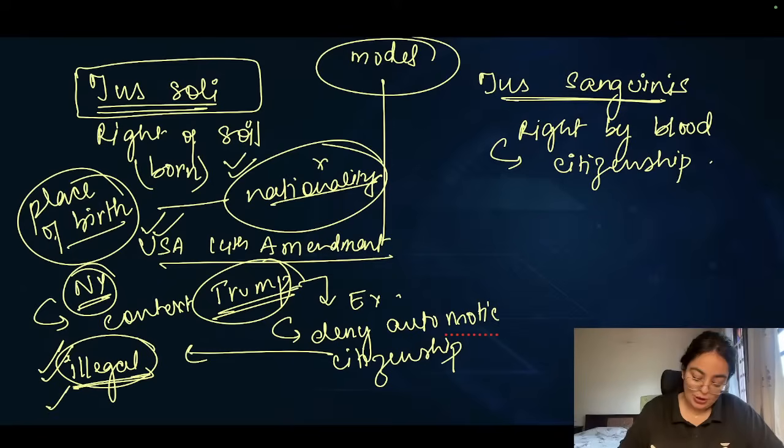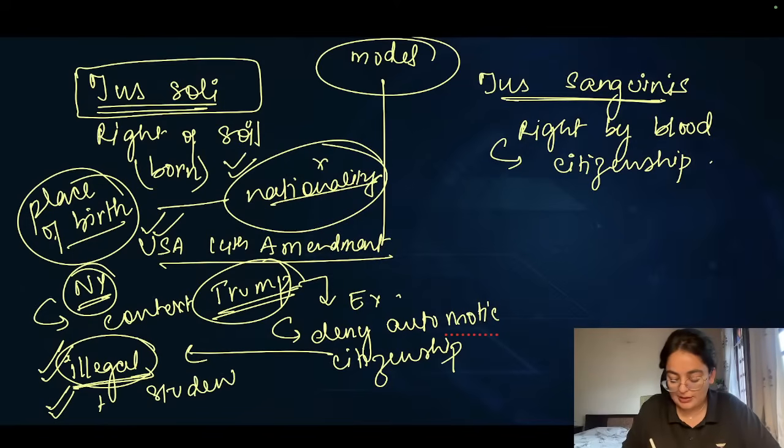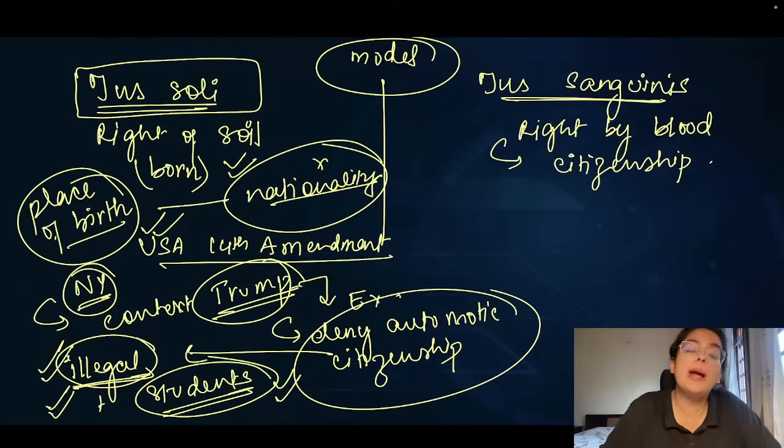Or second, you are born to people who are staying there in the form of temporary residents. For example, temporary workers, for example, temporary students, etc. So if you are there on a temporary visa or immigration status, then also your kids will not get this citizenship automatically on this principle.